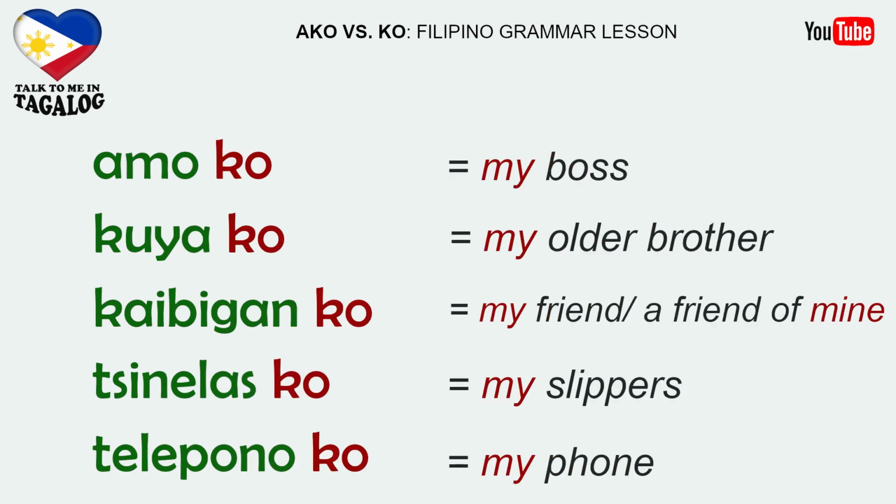For example, amo ko, meaning my boss. Kuya ko, my older brother. Kaibigan ko, my friend or a friend of mine. Tsinelas ko, my slippers. Telepono ko, my phone.